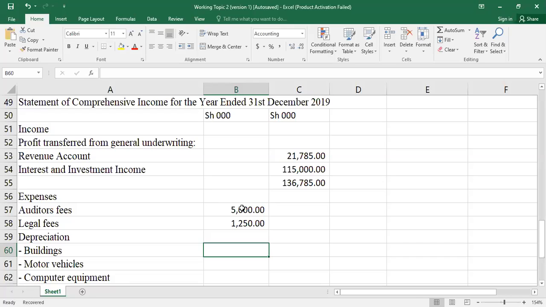We are using straight line. What's the formula for the straight line method of depreciation? Then give me the figure.